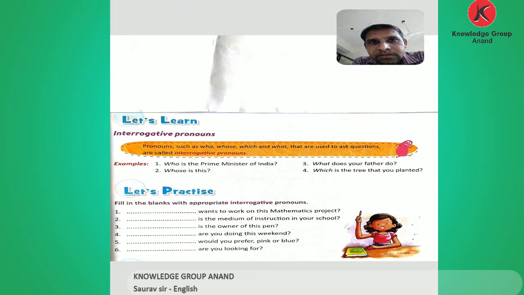How do we use this interrogative pronoun, how do we ask? Let's see the examples. Example number 1: Who is the Prime Minister of India? Whose is this? What does your father do? Which is the tree that you planted?